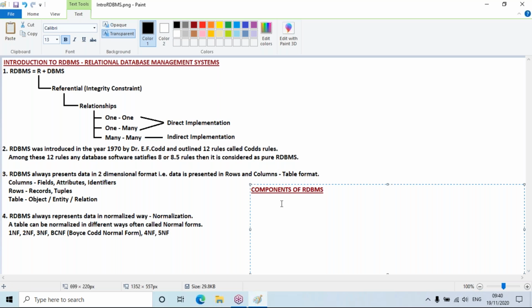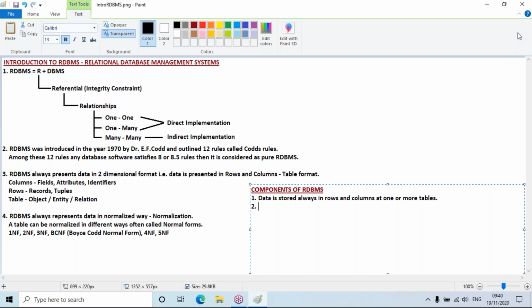Under components of RDBMS, one: data is stored always in rows and columns in one or more tables.